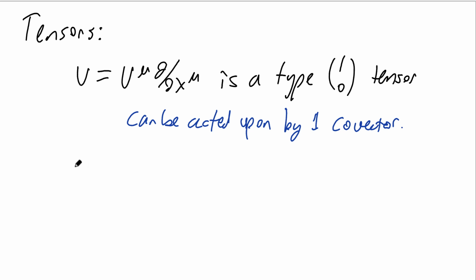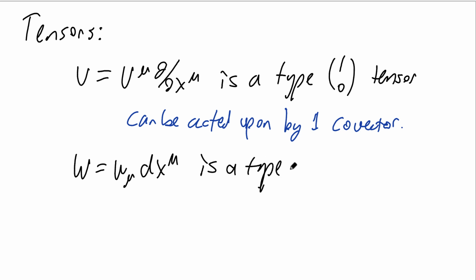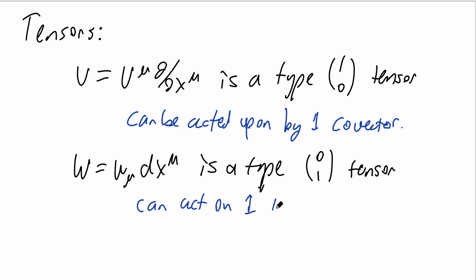A covector, which we can write this way, is a type 0,1 tensor. And the meaning of 0,1 is that this is an object that can act on one vector.